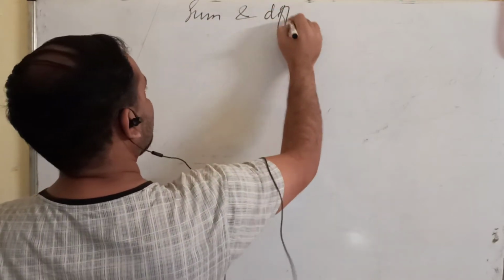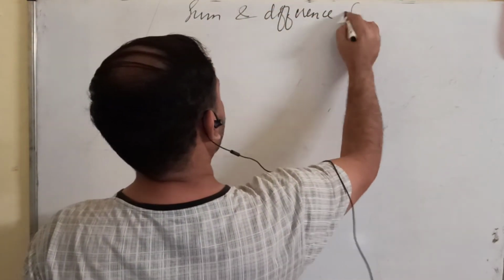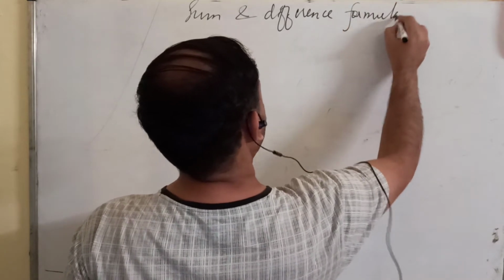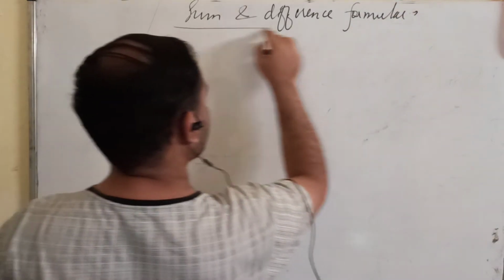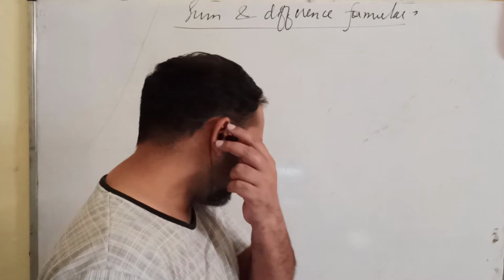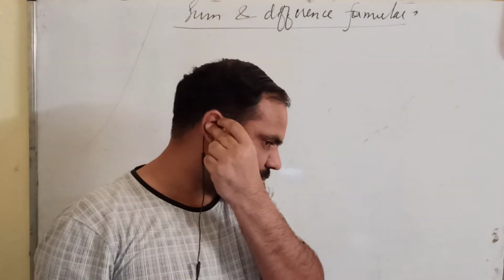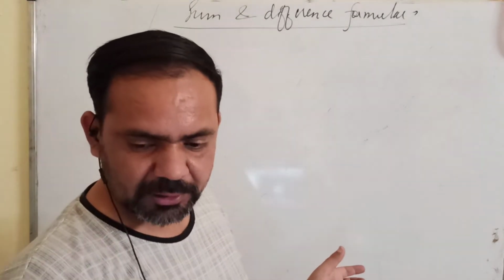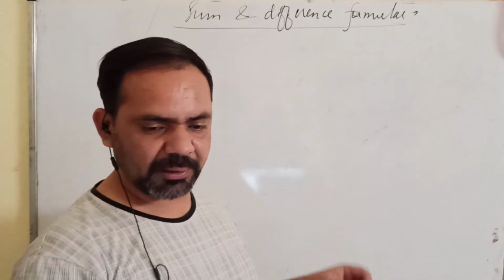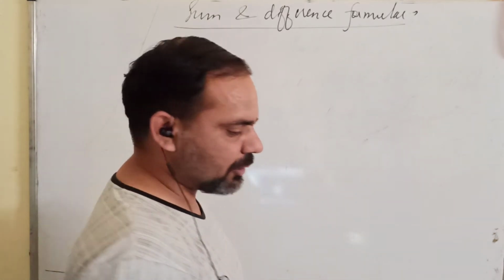Sum and difference formula means sum and difference of the trigonometric ratios, not the angles. Previously it was the sum and difference of the angles. Now it will be the sum and difference of the ratios.